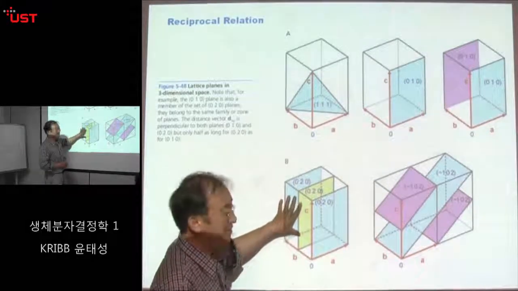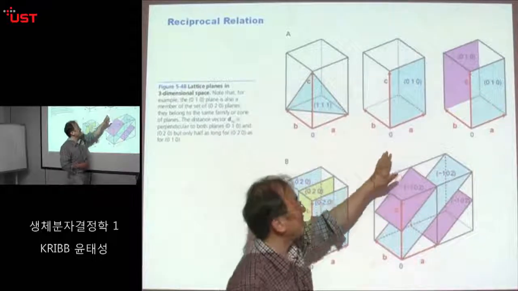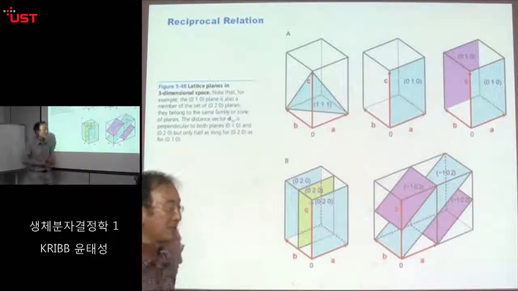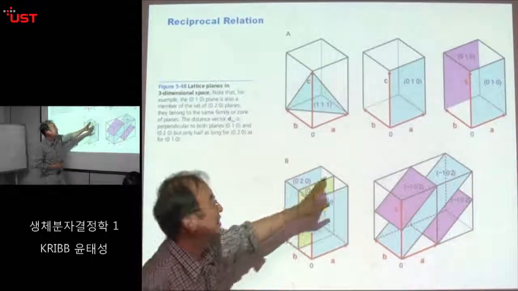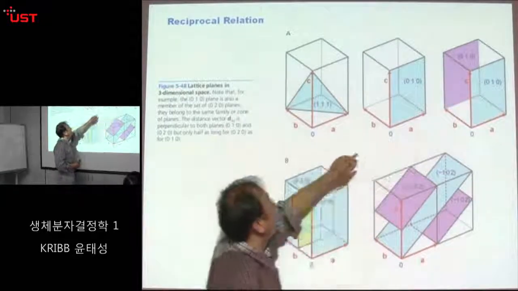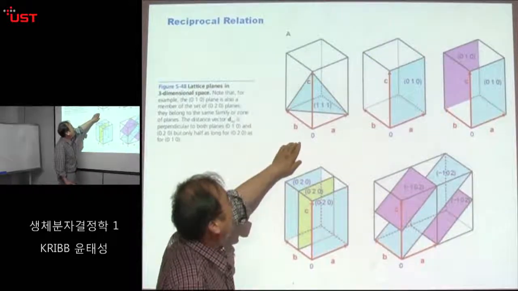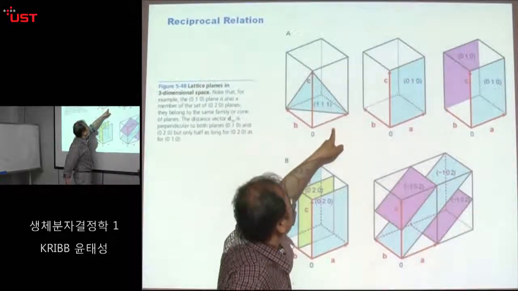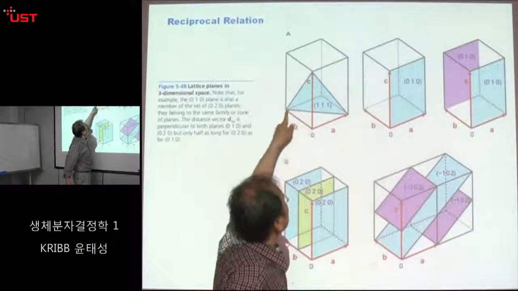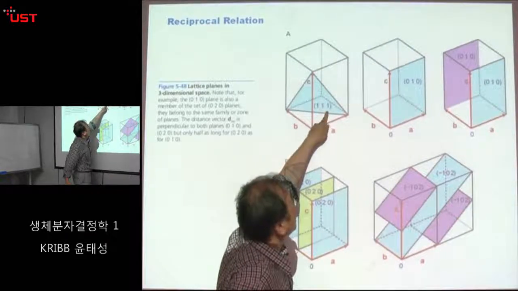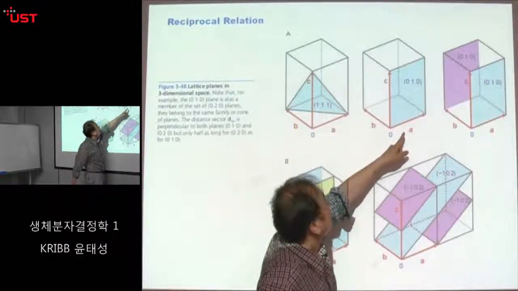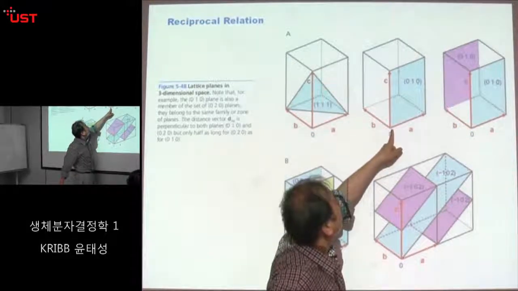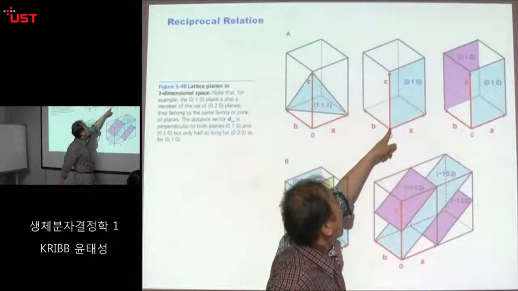Now Saba is talking about this one, but still, even with these two figures, we are in trouble figuring out the meanings. So for the time being, let's focus on these two. First of all, I told you the 1, 1, 1 plane is defined by A coming here at 1, B coming here at 1, C coming here at 1. Then here 0, 1, 0: A stays here, A is 0 here, right?